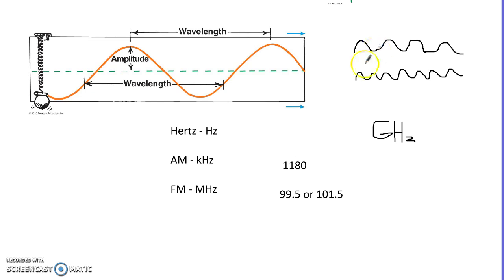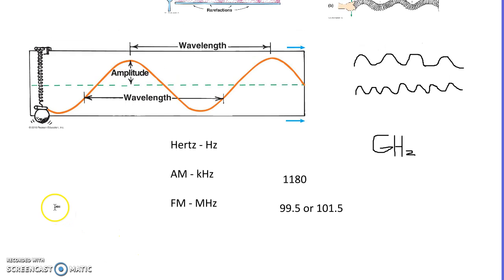Okay, and basically the period and the frequency have what we call an inverse relationship. Okay, so the frequency is equal to 1 divided by the period, whereas the period is equal to 1 divided by the frequency. So if one is large, the other one is going to be very small.